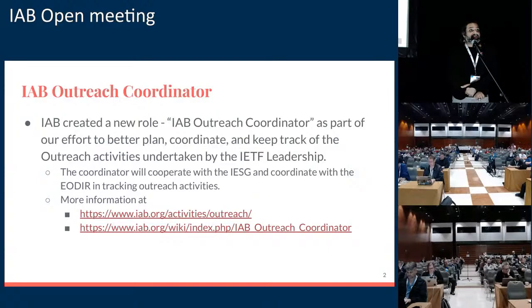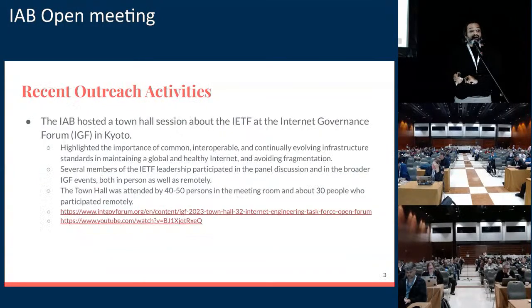You can find the details on the IAB webpage, as well as the roles and responsibility on the wiki page linked here. Also, a quick update on the recent outreach activity that we did, which was at the IGF in Kyoto. IAB hosted a town hall.